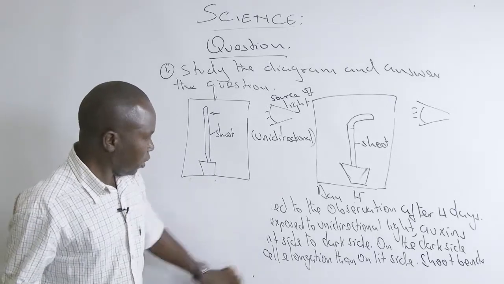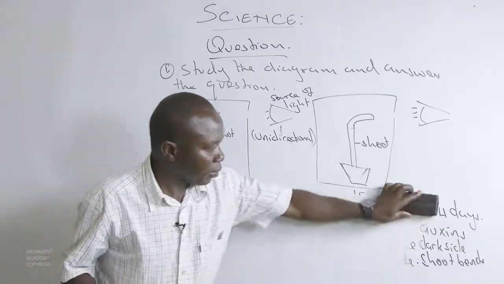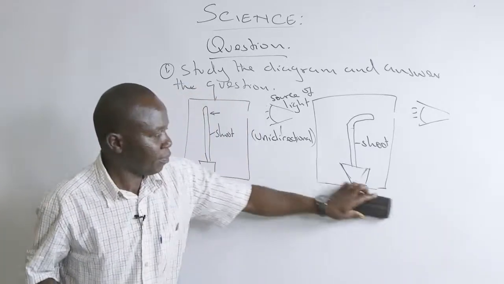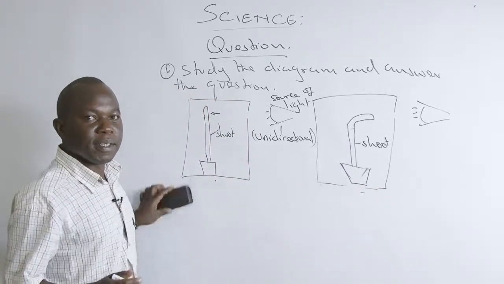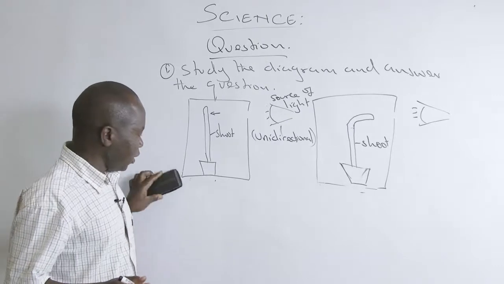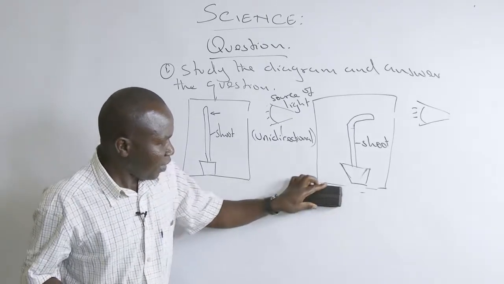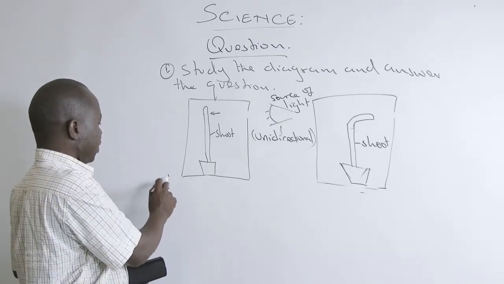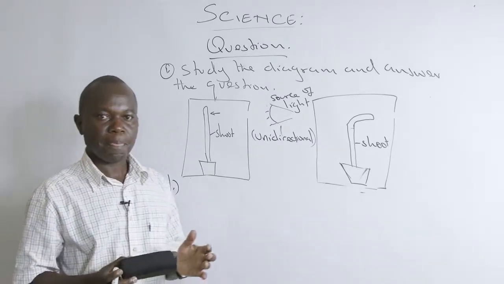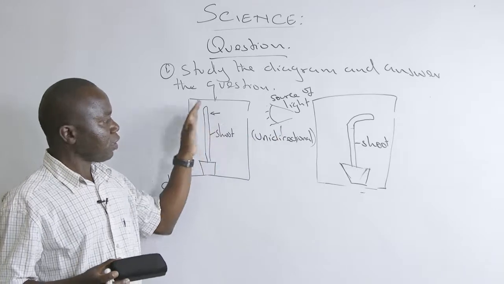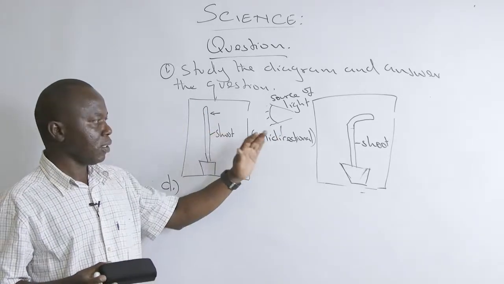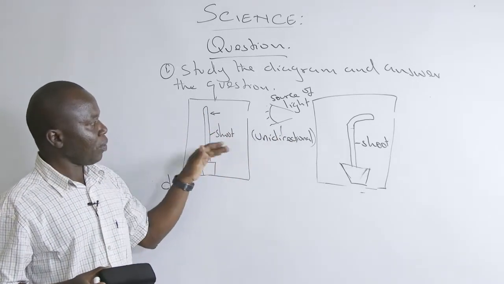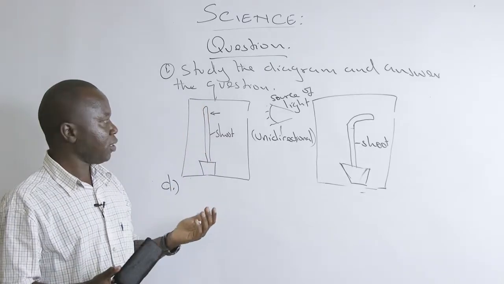The other question is the last bit of that question. Part D of the question. Now suppose this setup is not in this form, but now it's just exposed.